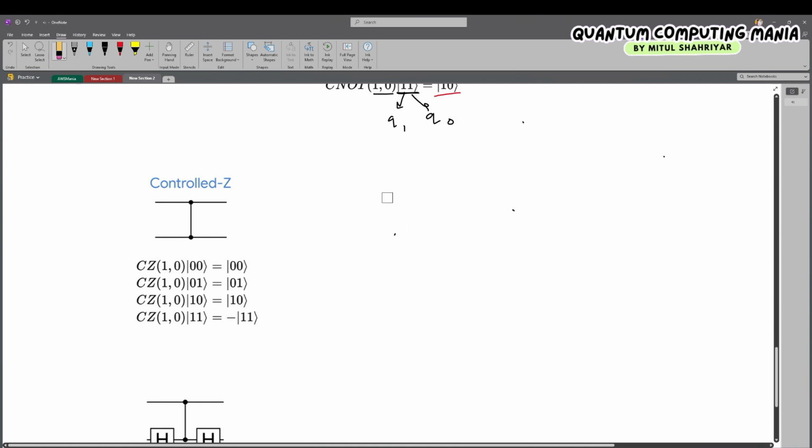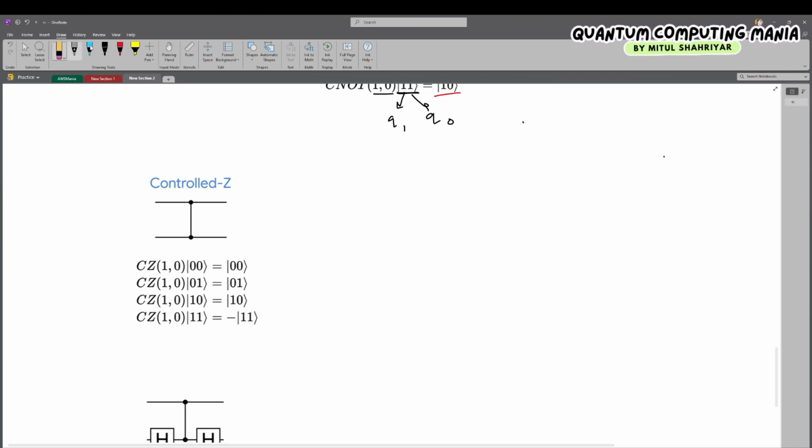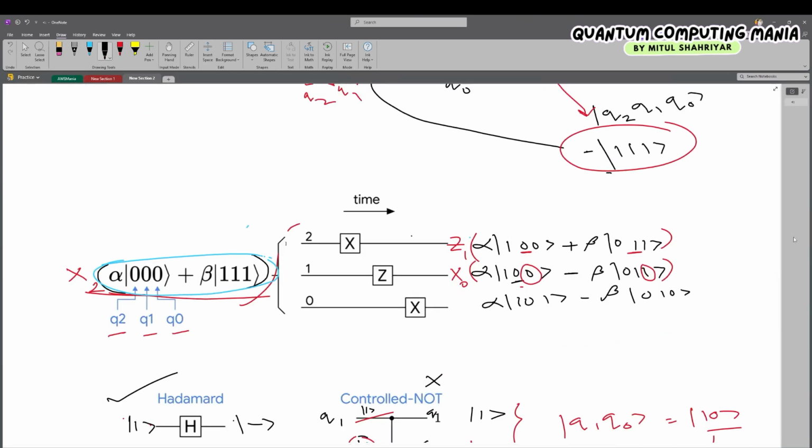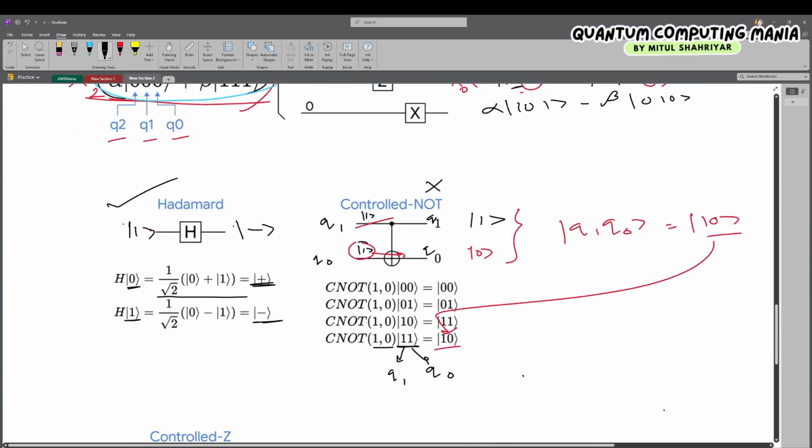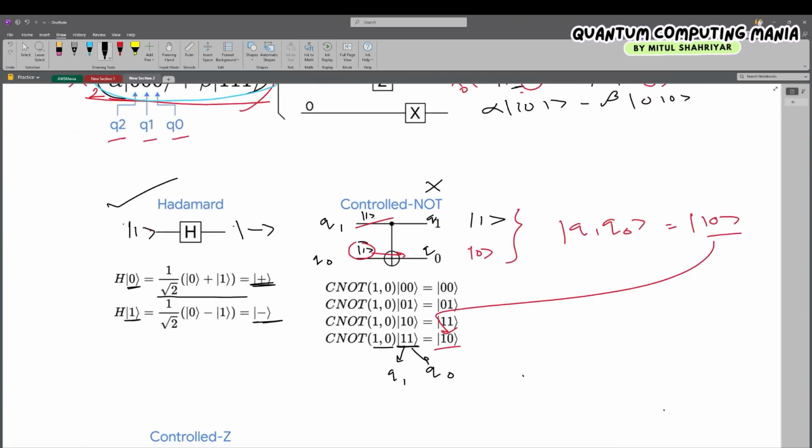Earlier we learned that in control NOT, if the control qubit is 0, there is no impact. If it is 1, the value of Q0 flips.